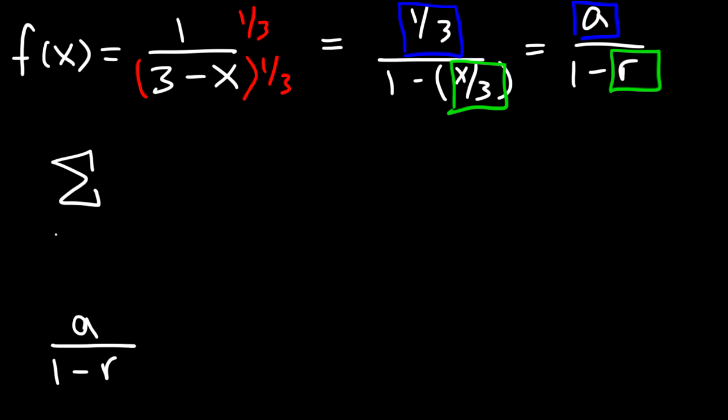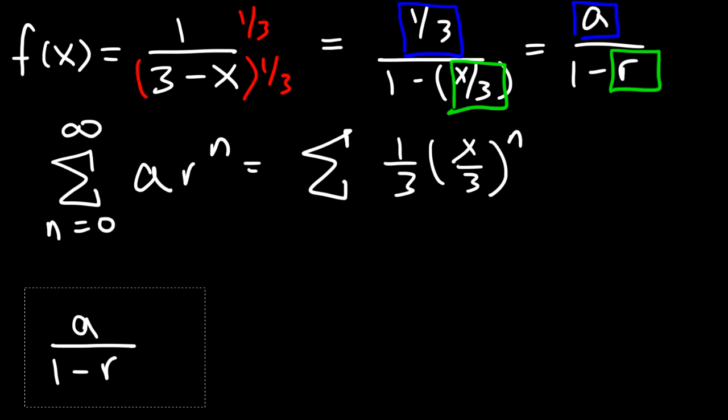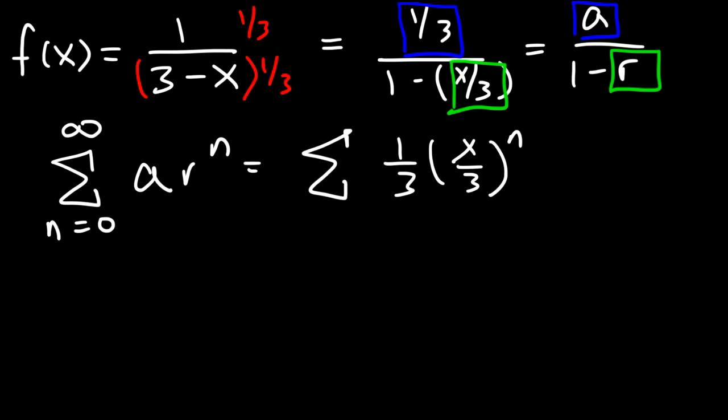So writing our answer in this form, it's going to be 1/3 times r, which is x over 3 to the n. Now let's simplify the expression. So 1 over 3, that's just 1 over 3 to the first power.